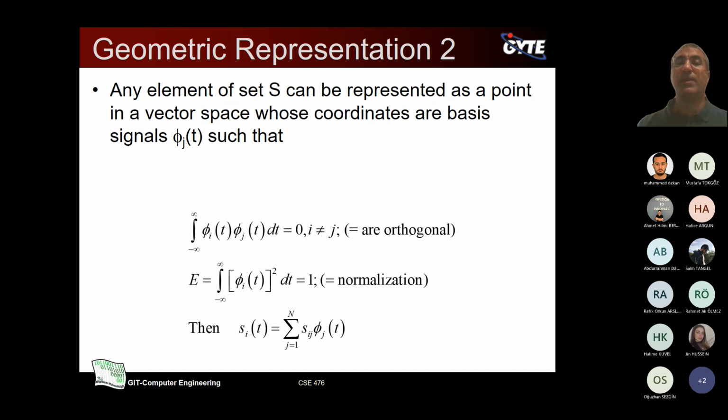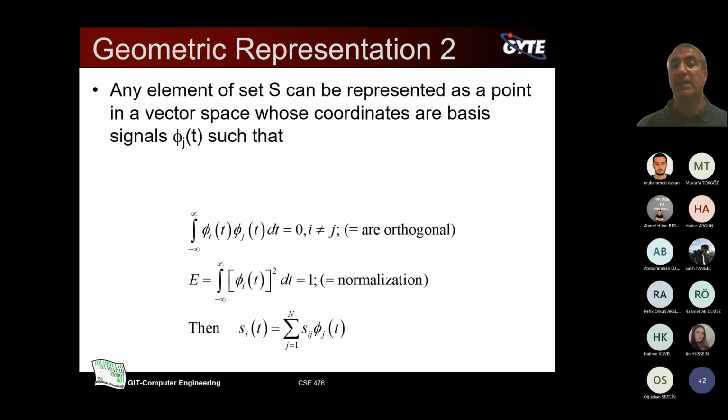In order to geometrically represent this modulation, we need some mathematical background. First of all, any element of set S can be represented as a point in vector space, and the coordinates are basis functions, basis signals.